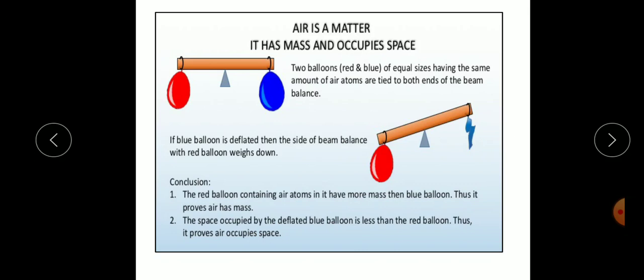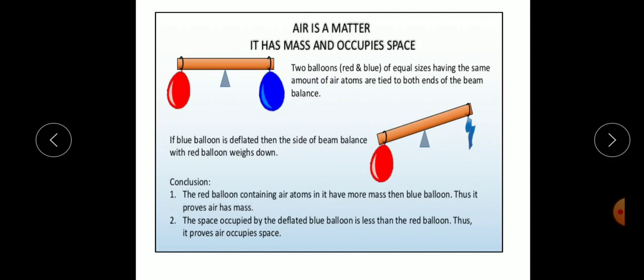Use a sketch pen and carefully mark one balloon as A and another balloon as B, and tie a piece of thread about 15 to 20 centimeters long in the middle of the stick, in a common balance.